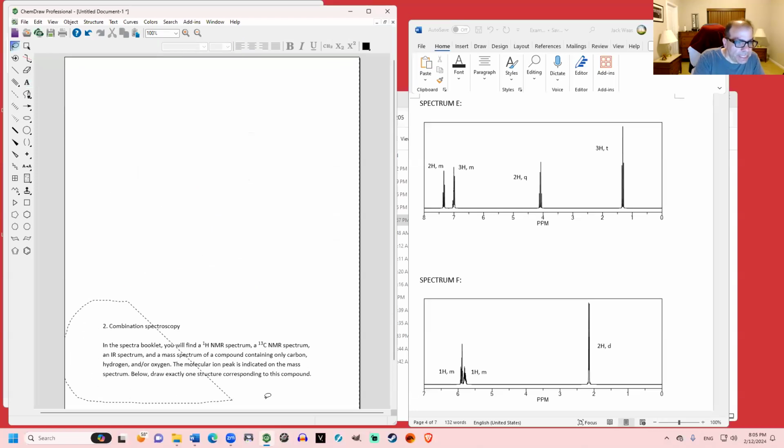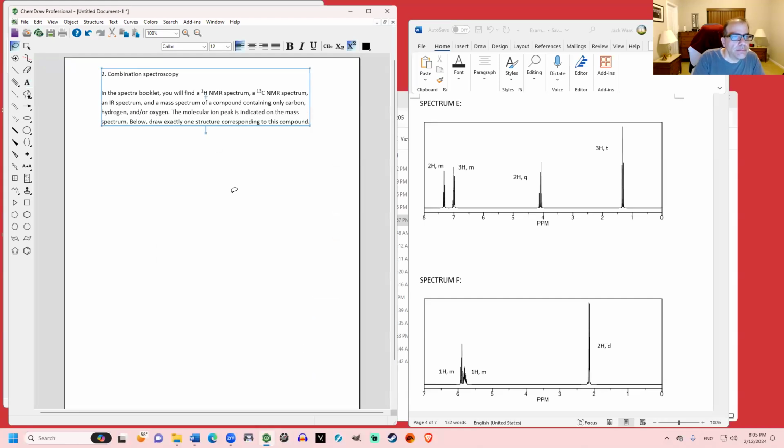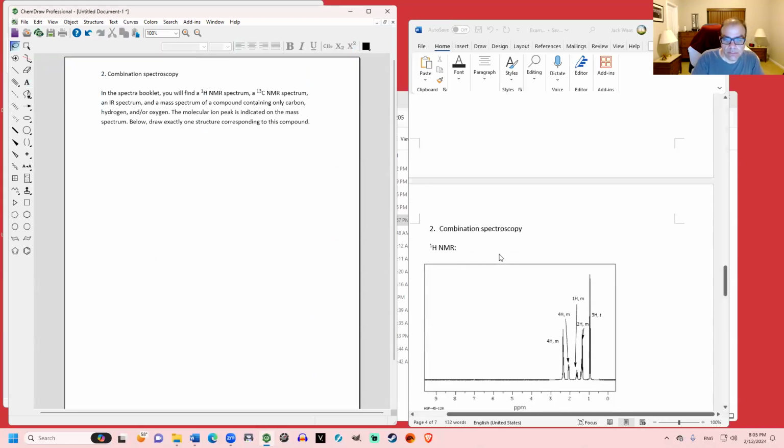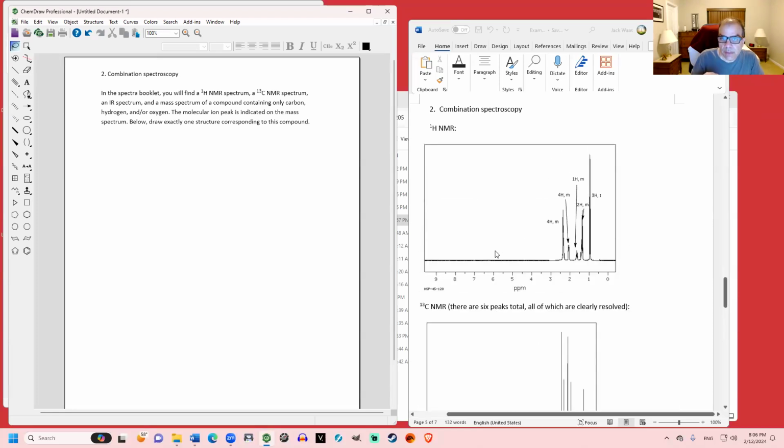And now for the combination spectroscopy problem. There's no one right place to start.